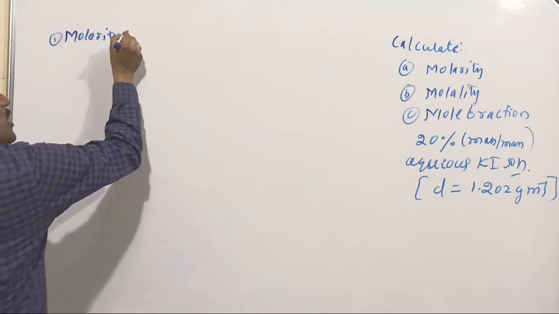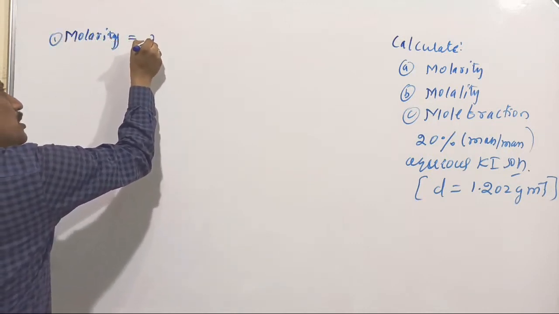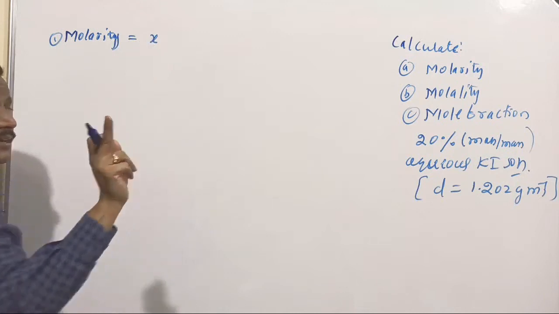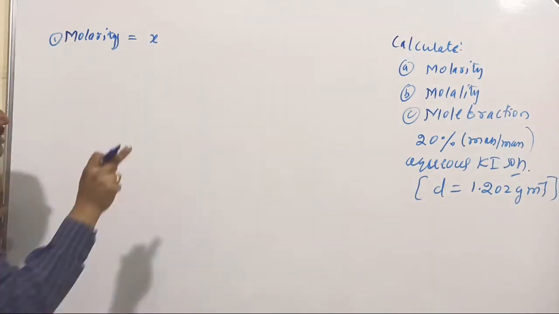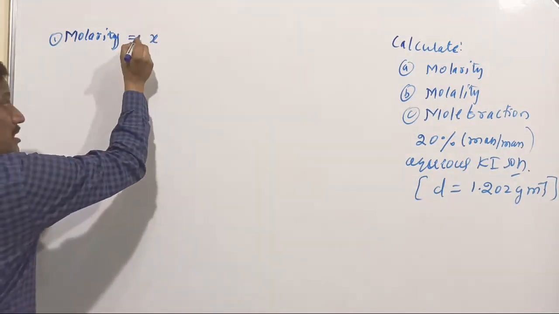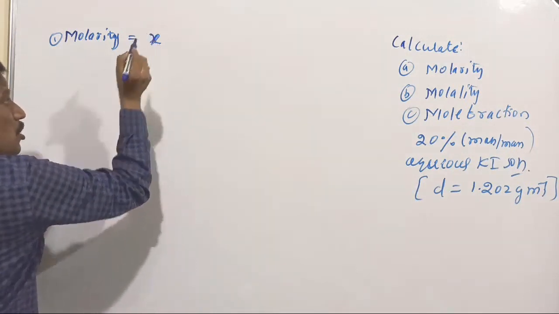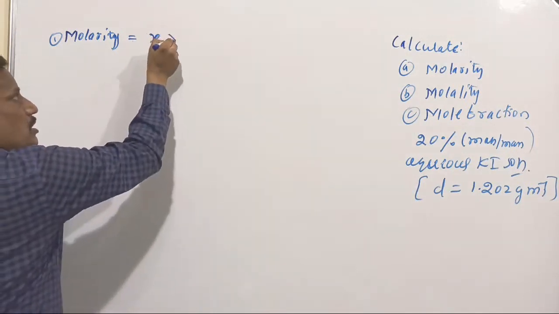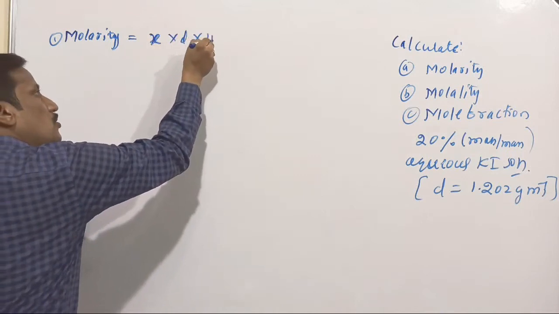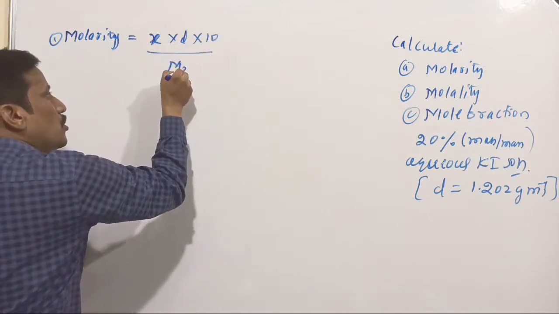We have a formula: molarity is equal to percentage by mass x, don't get confused between chi and x, this is percentage by mass, small letter x I am using, into d into 10, divided by M2.